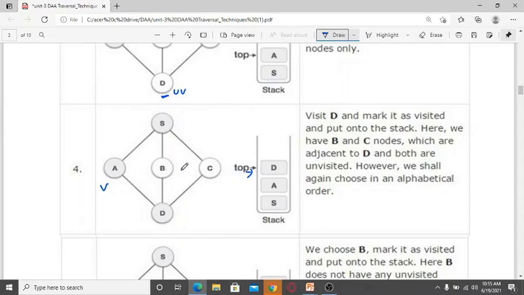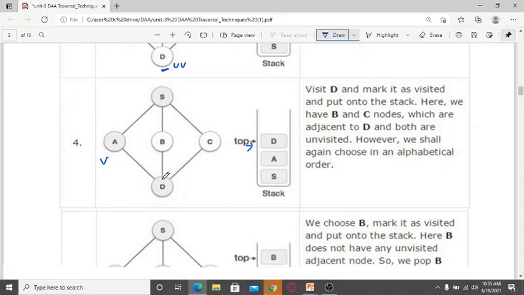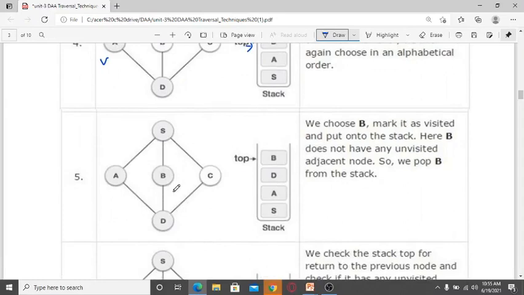From B and C, first comes B. So we will select B and add it in the stack. When we add it in the stack, now we have to check the unvisited adjacent vertices of B.